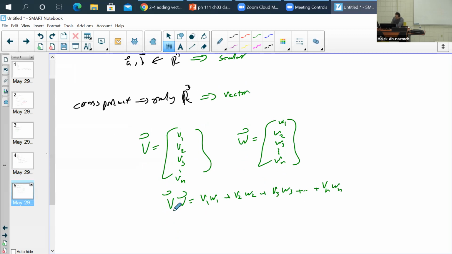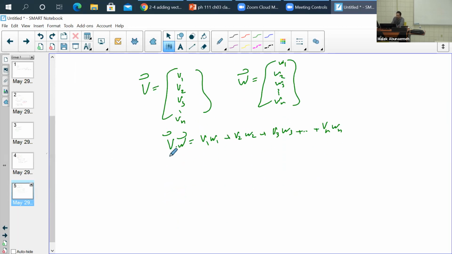Well, let's reverse it. If we reversed it, W dot V is going to equal W1 V1 plus W2 V2 plus W3 V3, plus whatever it is, Wn Vn.